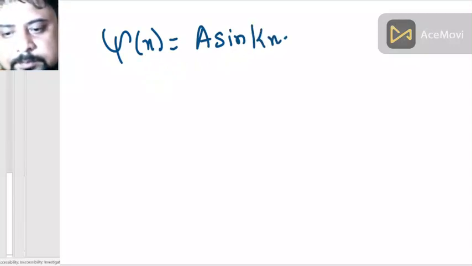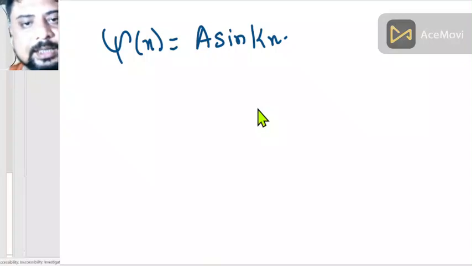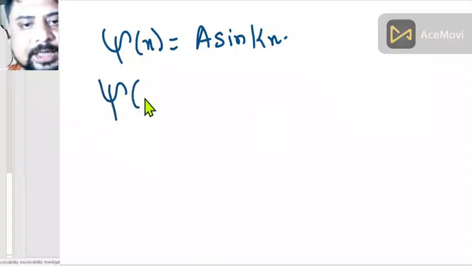So what we see is that the wave function, the solution of the time independent Schrodinger equation, has only one periodic quantity, that is a sin kx, b is 0. This is consistent with the boundary conditions. I think this much is clear.